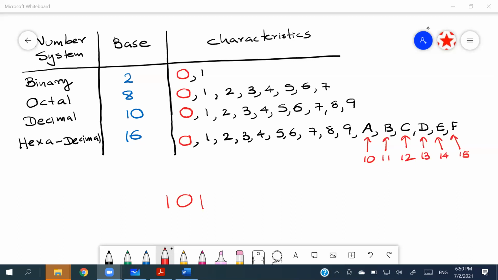And we can see 0 and 1 inside the hexadecimal number system as well, right? All 4 number systems contain 0 and 1. So that means this value 101 can belong to any of these number systems, right?